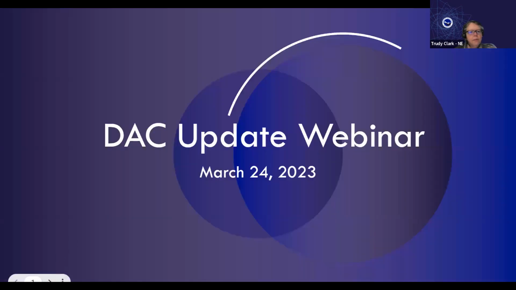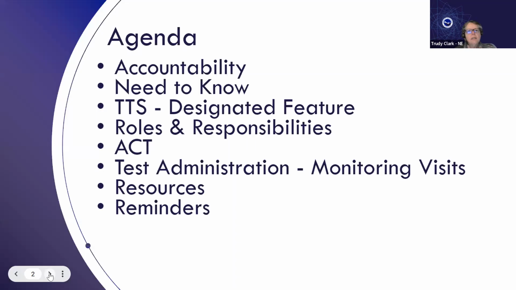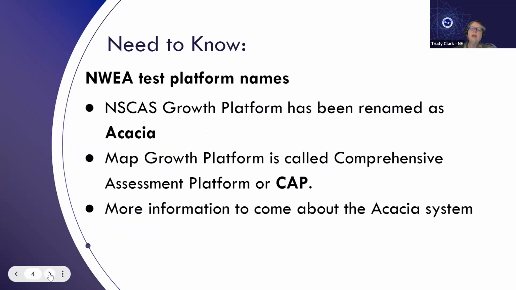Okay, all right, need to know. If you've been noticing, and I believe this appeared in our DAC Facts newsletter, the NWEA test platform names have, at least the name for NSCAS growth has changed. So NSCAS growth platform is now referred to as Acacia. So you will see us moving forward using that term. So hopefully that doesn't cause some confusion.